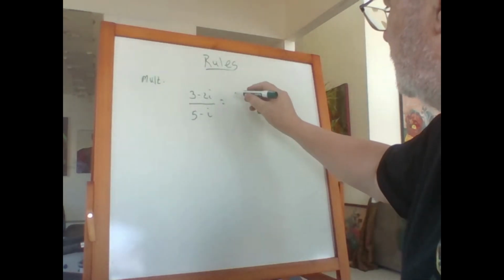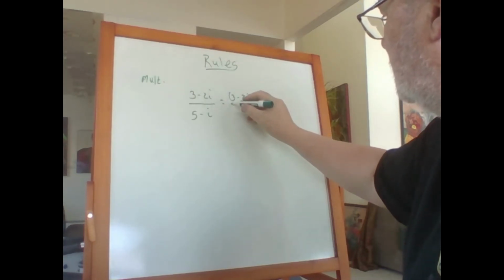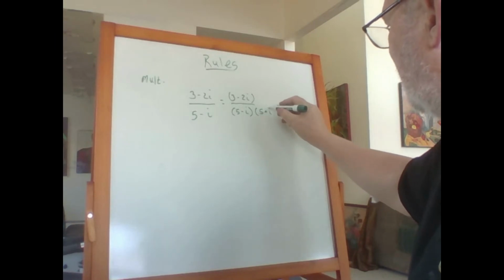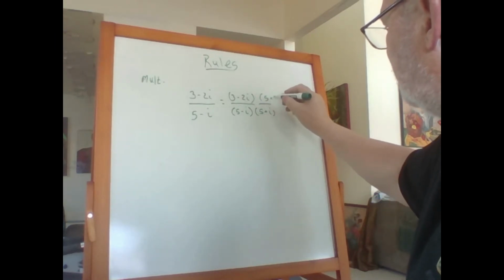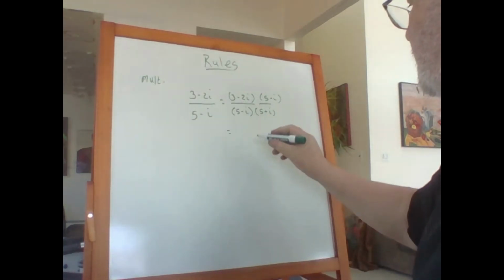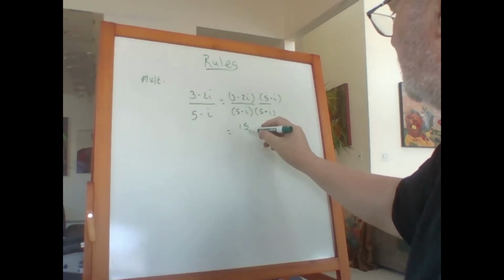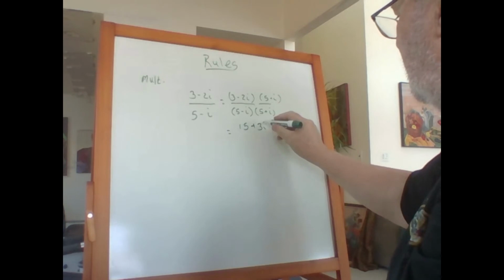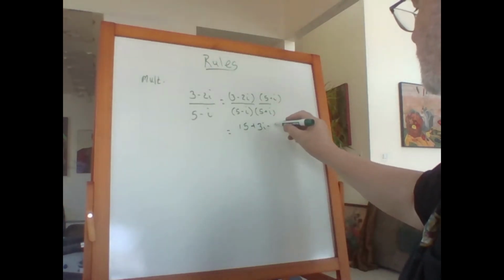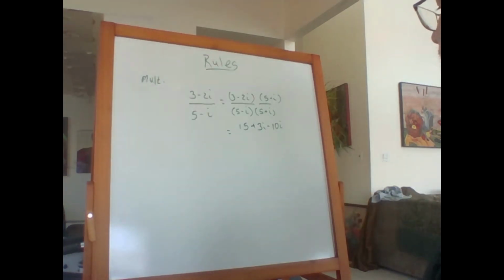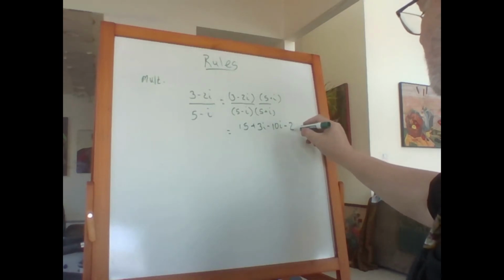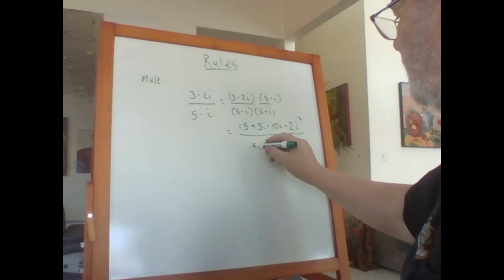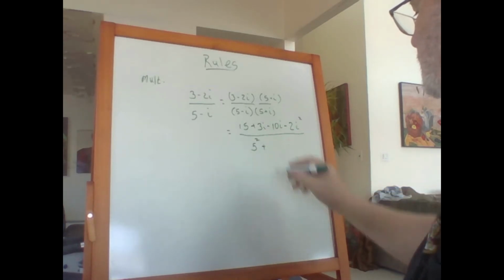Well, that would be equal to 3 minus 2i over 5 minus i, times 5 plus i over 5 plus i, and that's equal to 15 plus 3i minus 10i minus 2i squared, and that's all over 5 squared plus 1.